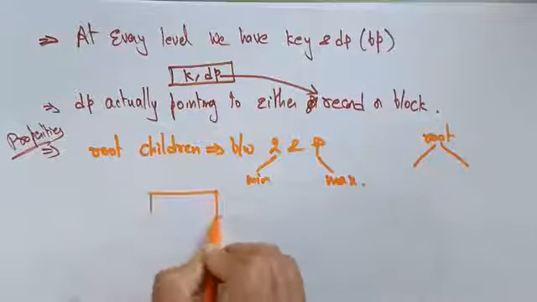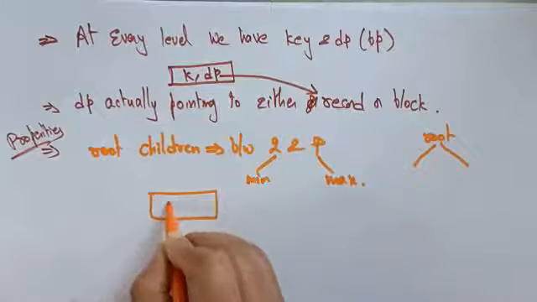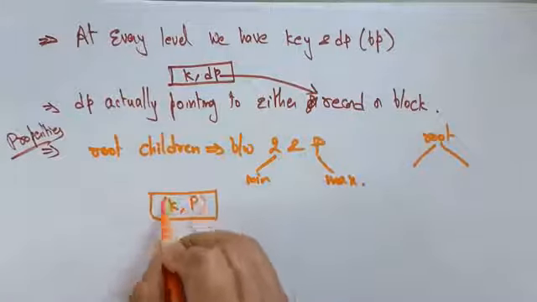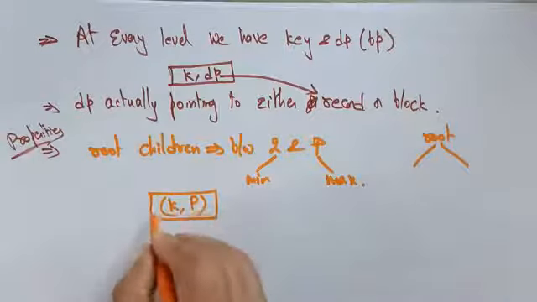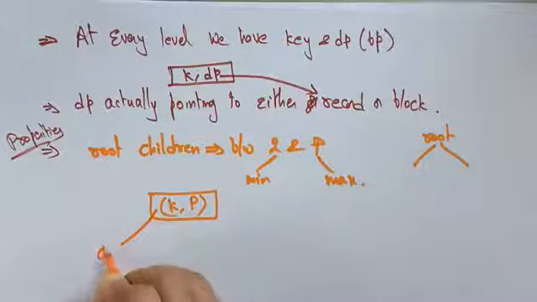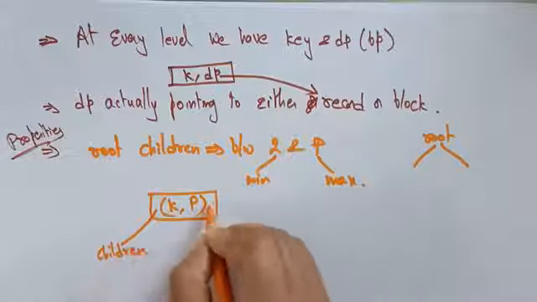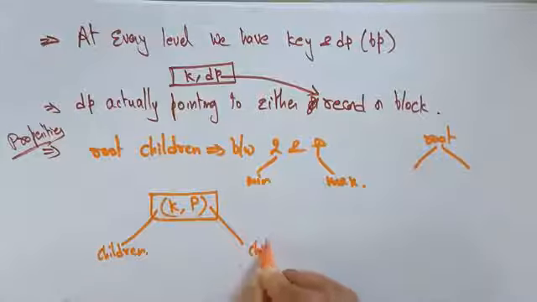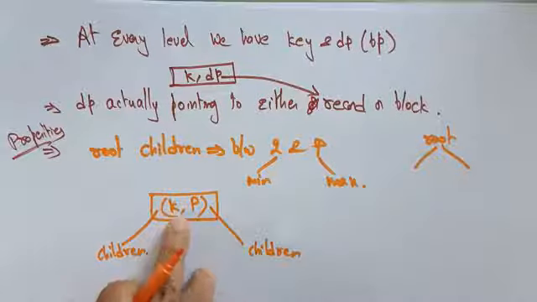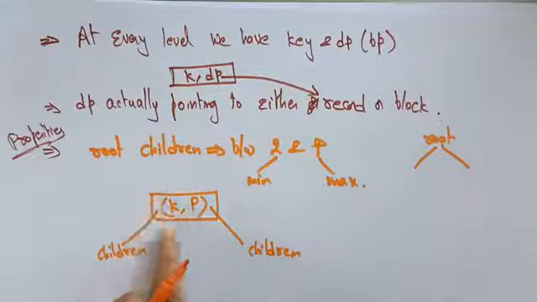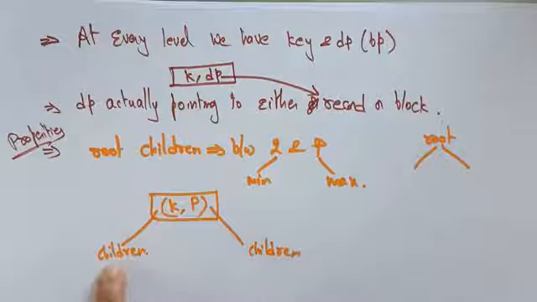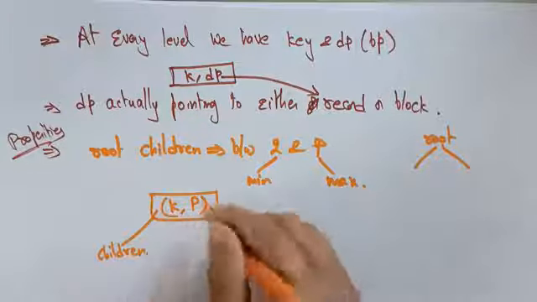The root node consists of a key and a pointer. Here one children pointer will be there, that is the record pointer, and here another children pointer will be there. So a root node has a minimum of 2 children, and the maximum can be any number, but each root node has at least 2 children.